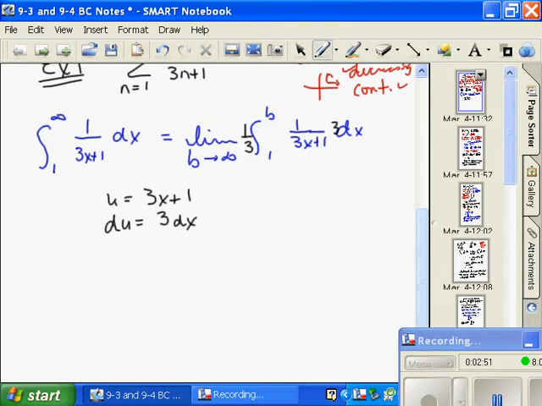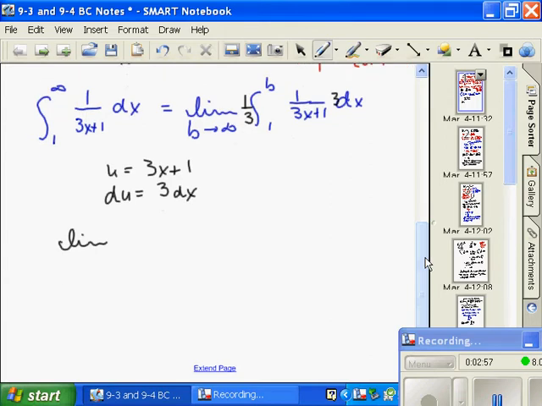So basically, thinking of this as my u, I really have the limit as b goes to infinity of 1/3 of, if I think of this as 1 over u and I'm doing the integral of that, the natural log of the absolute value of u, evaluating that from 1 to b.